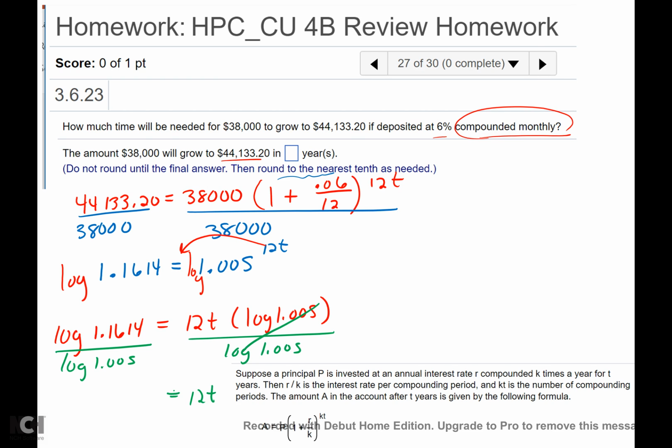Log 1.1614, close your parentheses, divided by log 1.005. There we go. And you get 29.9999 blah blah blah. Divide by 12. And it's going to take 2.5 years.